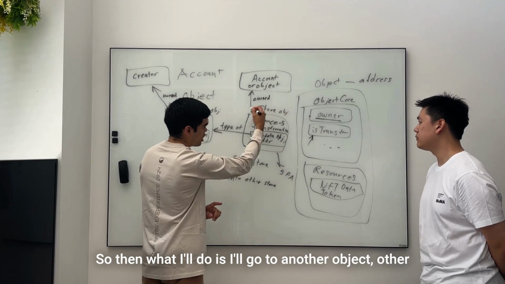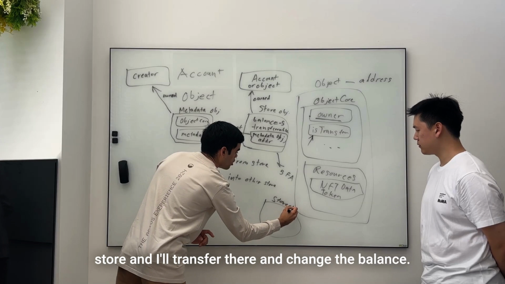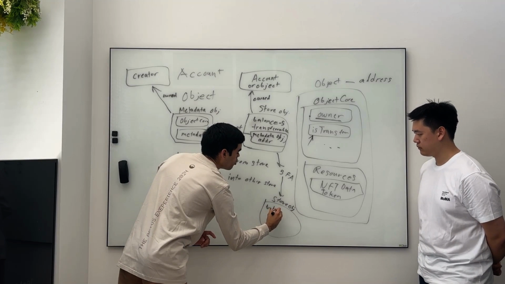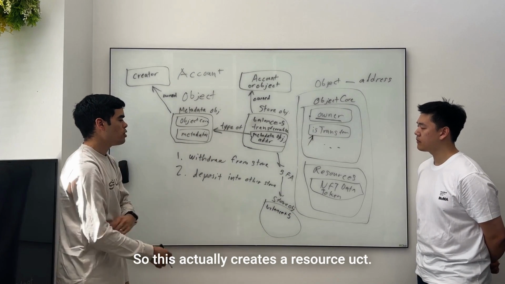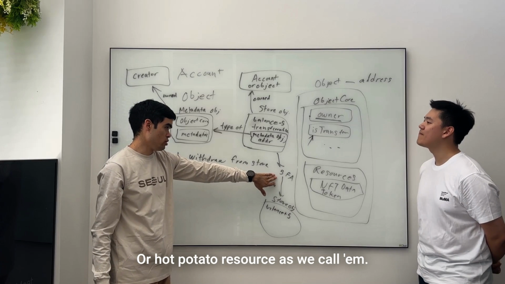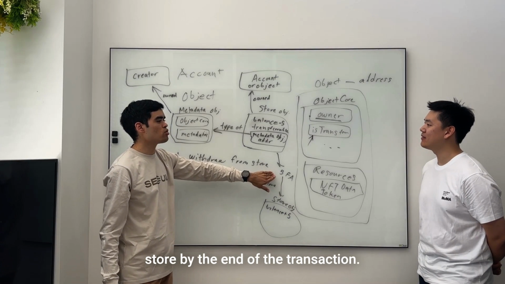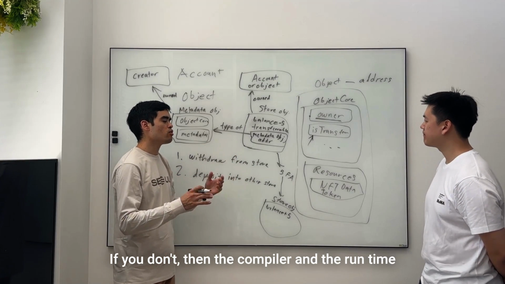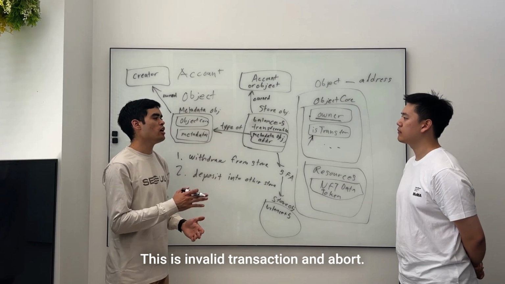So I'll go to another object, another store, and I'll transfer from there and change the balance +5. So this actually creates a resource, a struct, or a hot potato resource, as we call them. And this has to be stored in another store by the end of the transaction. If you don't, then the compiler and the runtime will say, hey, you forgot to put this somewhere, this is an invalid transaction, and abort.